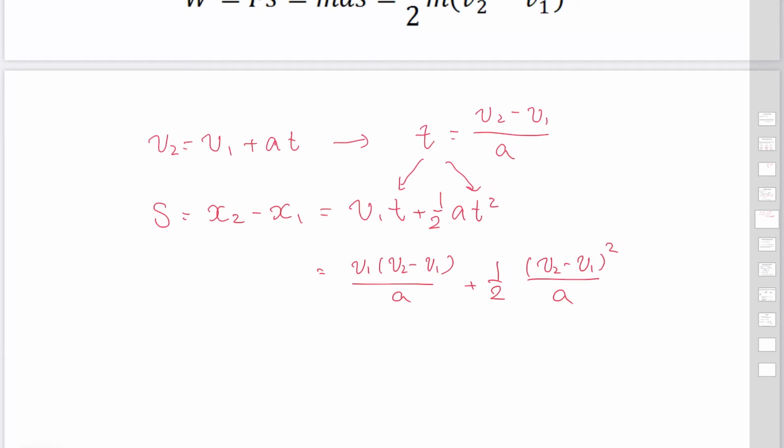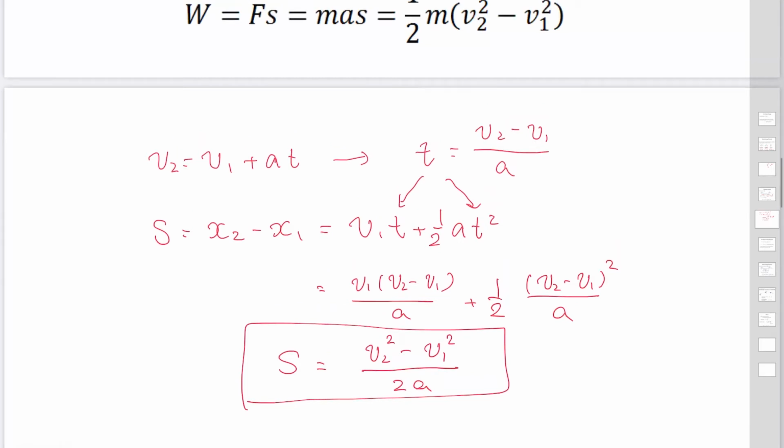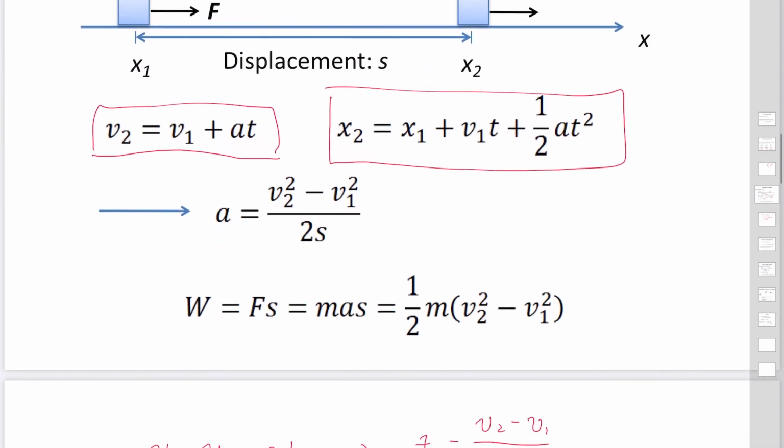From these equations, you can calculate that s equals (v sub 2 squared minus v sub 1 squared) over 2a.